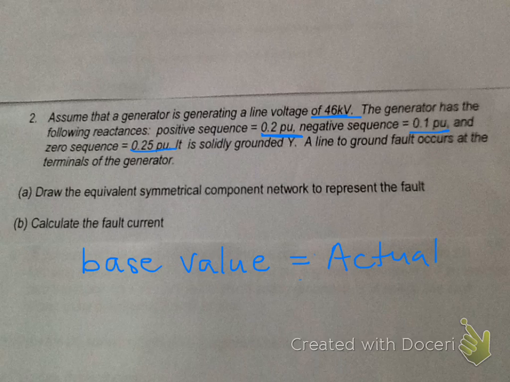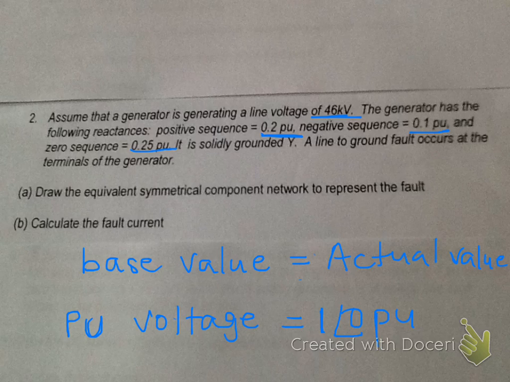And if that happens, the per unit generator voltage equals the actual value divided by the base value. Since they are both the same, you're going to have a per unit voltage of 1 angle 0 per unit, right?